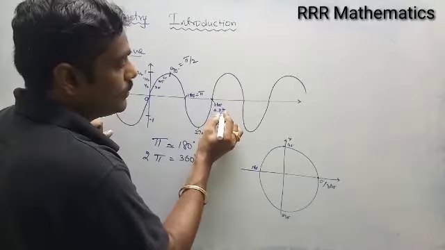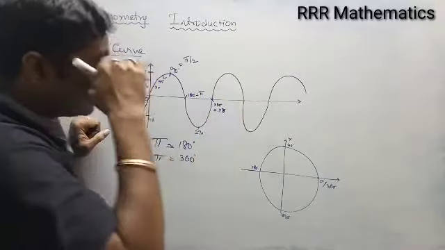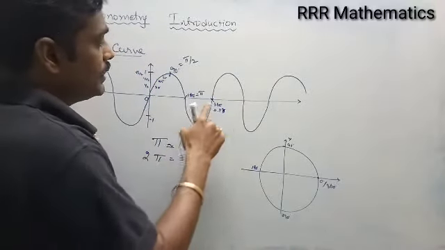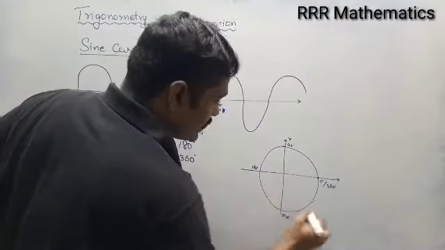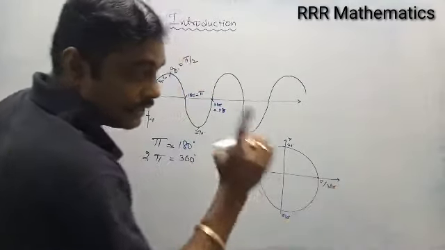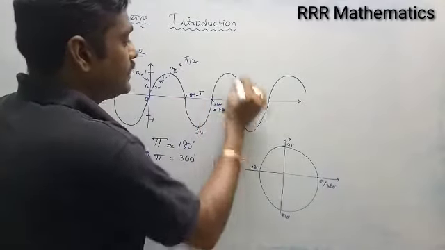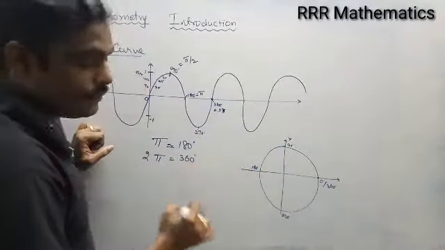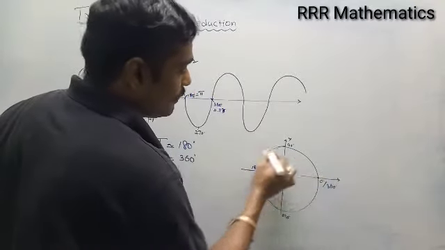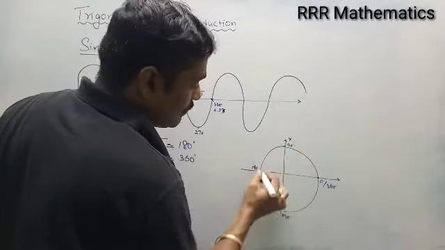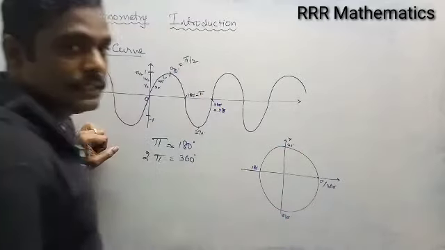So like that it will go. Every 360 degree gives the same value. 360 degree is nothing but one complete rotation in the form of a circle. Try to understand. See, 0, 90, 180, 270, 360. Is it clear?